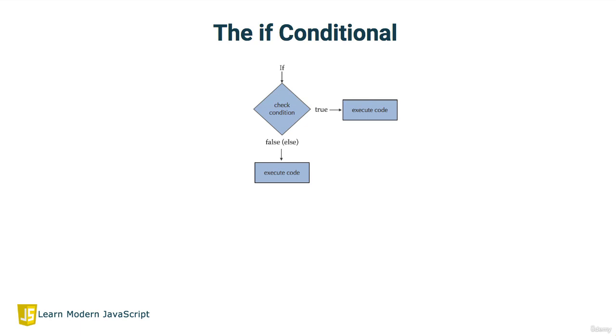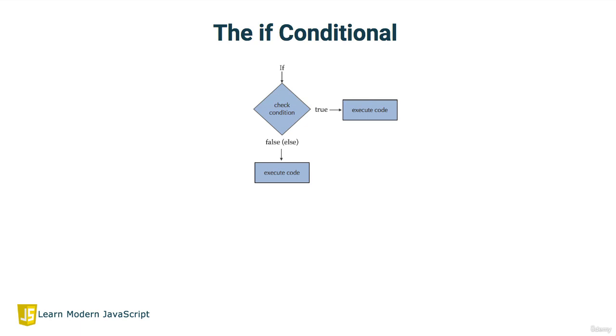That condition is contained within parentheses. Based upon whether the condition is true or false, it will execute certain code if it's true. If it's false, it may also execute some code, or it may just continue with the rest of the code in the program, depending on whether you have an else clause within that if conditional.